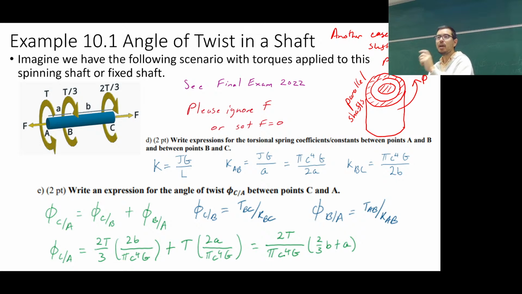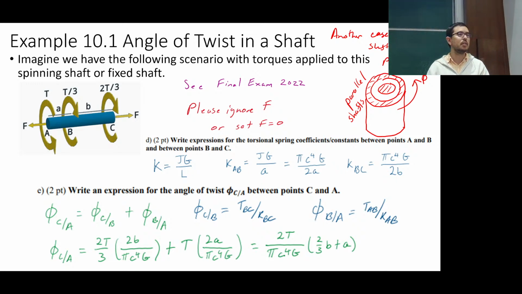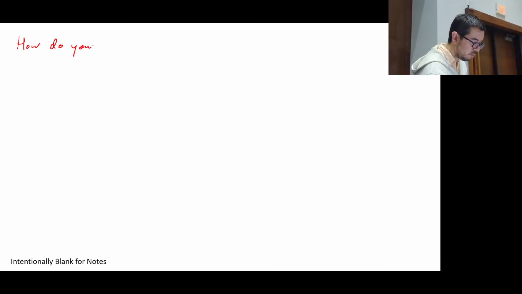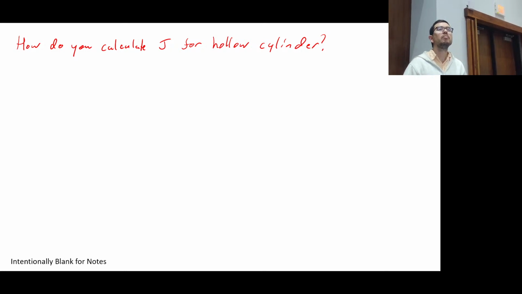So how do you calculate the J when you have a hollow circular cross-section? Any suggestions? What do you think?